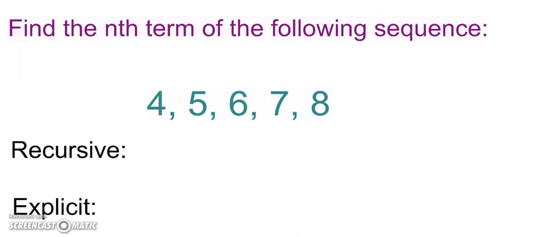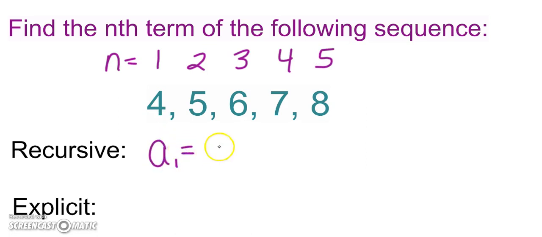Alright, so find the nth term of the following sequence. So we're looking for some rules that will help us to define our sequence. Well, we know that this is n equals 1, 2, 3, 4, 5. So recursively, remember you need to start with knowing one of the terms. So we'll say that a sub 1 is equal to 4. What's going on between each one of these terms?